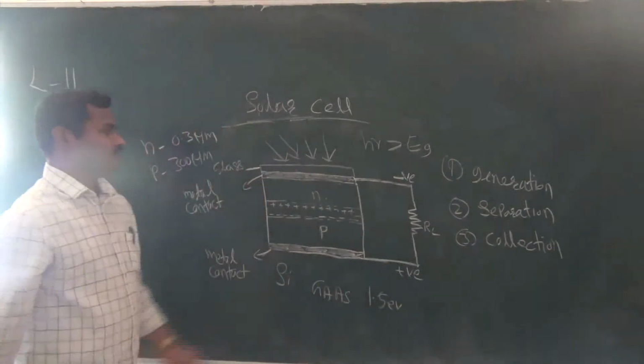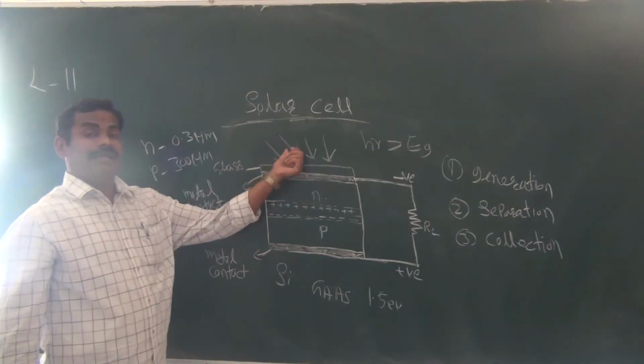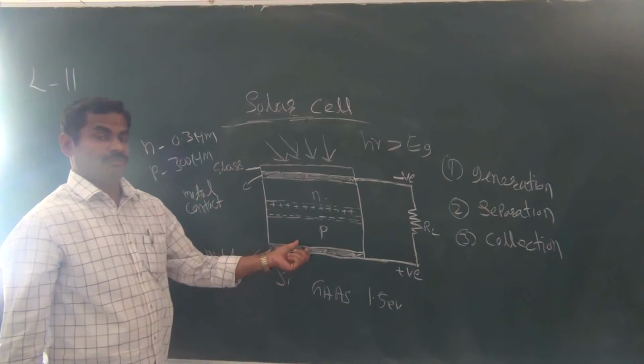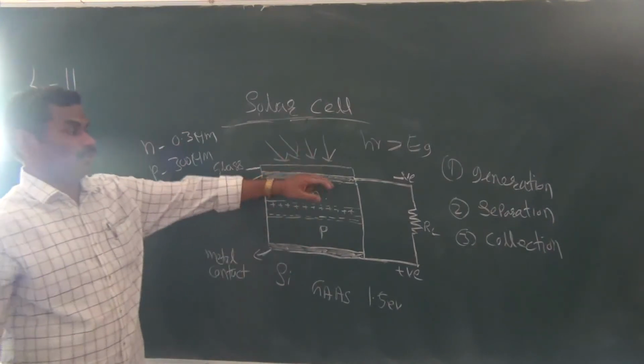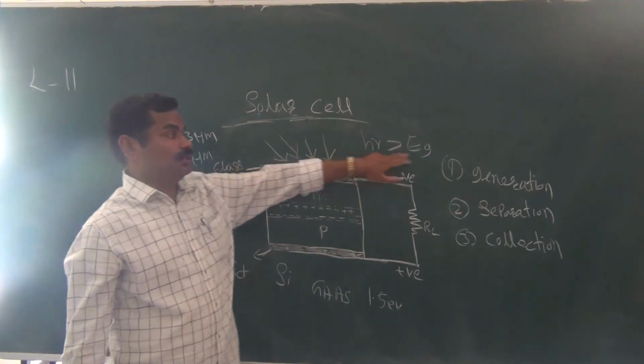As in your photodiode, when light is incident on the PN junction, you apply photons of energy more than the Eg.